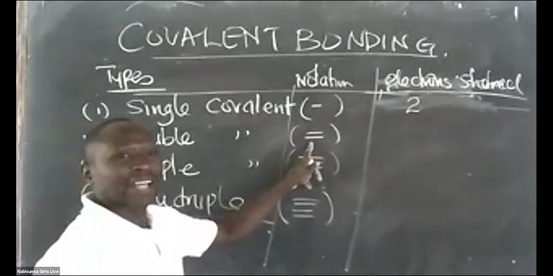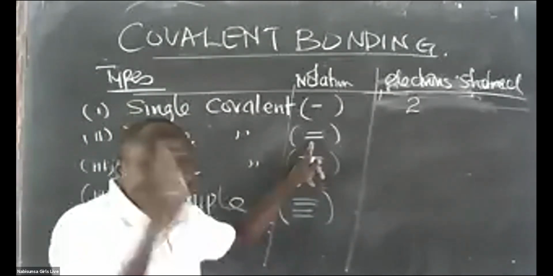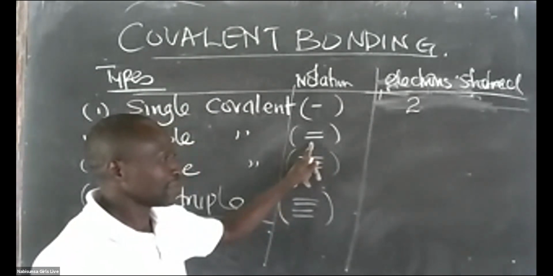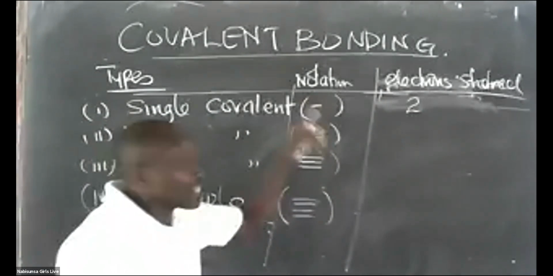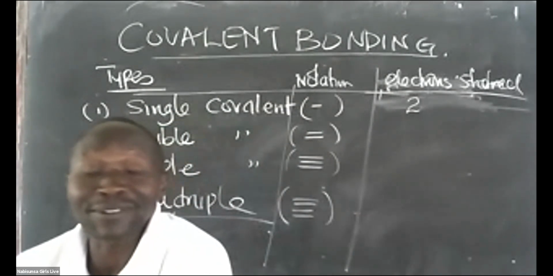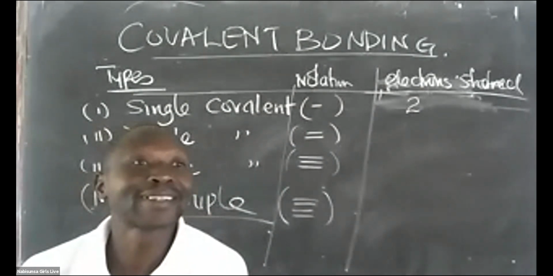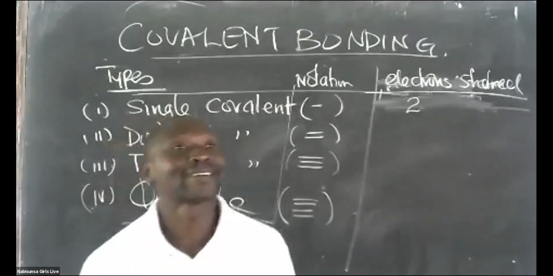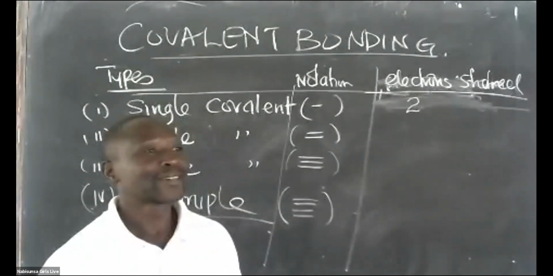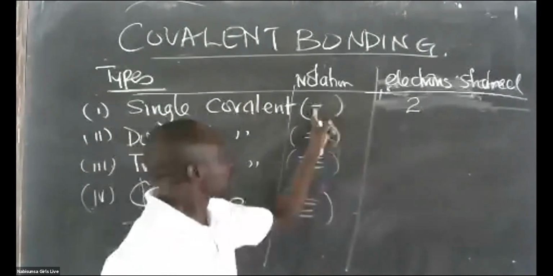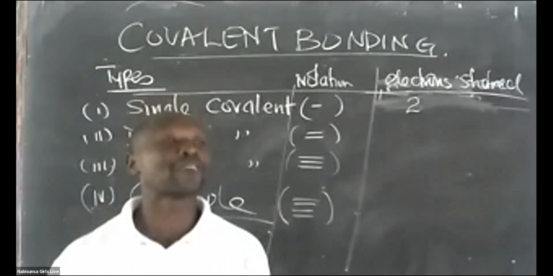So what does it mean? Therefore, using your mathematics, think about this question. How many electrons should be shared in order to come up with a double bond? Therefore, if 2 electrons constitute a single covalent bond, how about a double covalent bond?